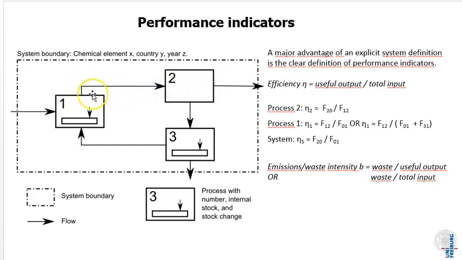Output divided by input. The difference here is that I don't do this in words, but instead I point the reader of my work to the system and say, to obtain this indicator, I divided this flow by this flow. This is a very explicit method to define the indicators that you then use to assess your system.